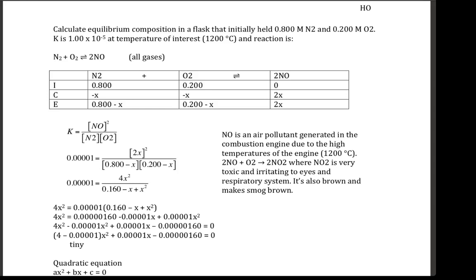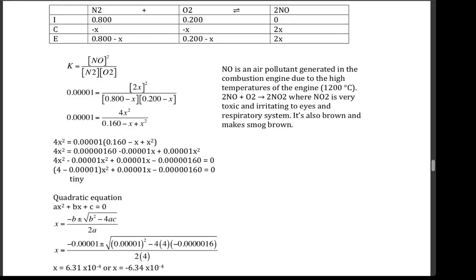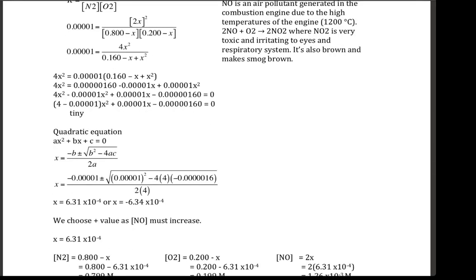More algebra finally gave us the expression 4 minus 0.00001 x squared plus 0.00001x minus 0.0000160 equals 0. So now we can use the quadratic equation solver.